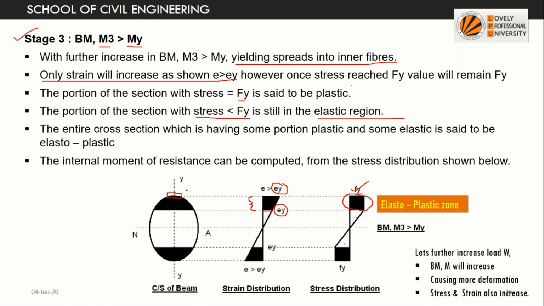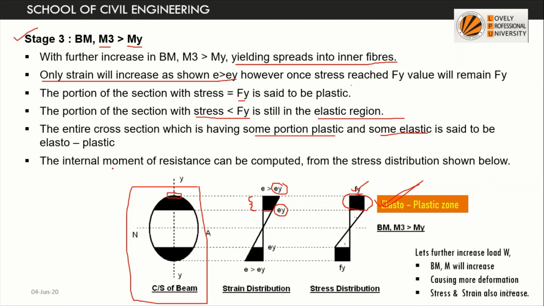When we consider the entire cross section, some portion is plastic while some portion is elastic. This combined section, we call an elastoplastic section.